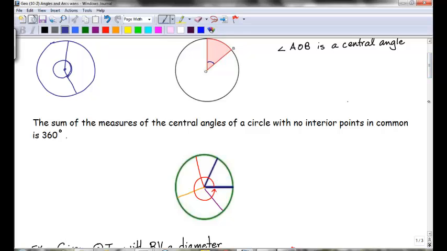So you can take a circle and split it up into several central angles. This would be one, this would be another one, this would be another one. But if you go all the way around, that would add up to 360 degrees.